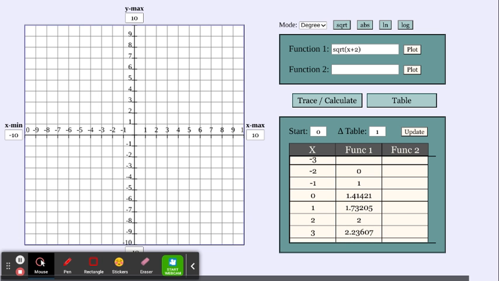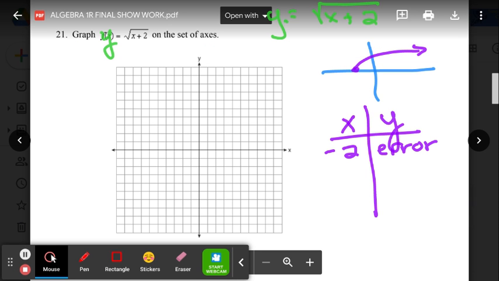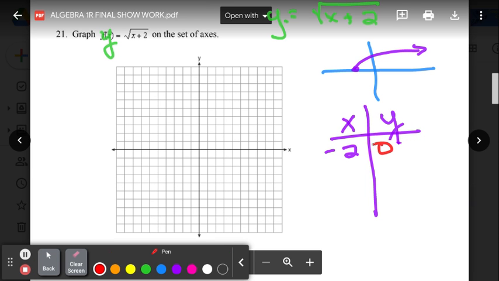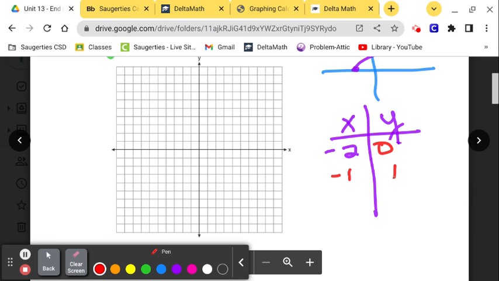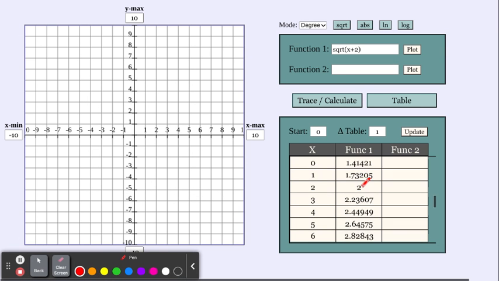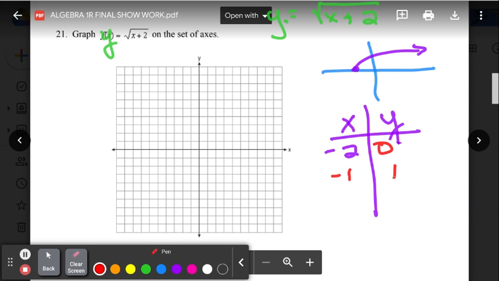-2, 0, -1, 1. So I'm going to put that over here. Erase that. -2, 0, negative 1, 1. Let's see what else. 2, 2, and 7, 3.